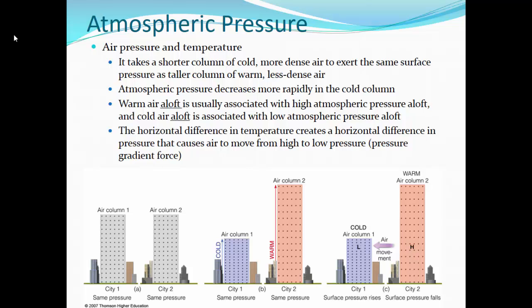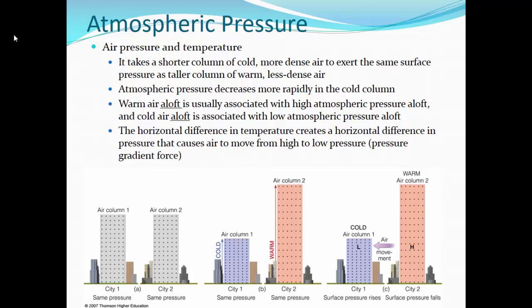So at the bottom, we see City 1 and City 2 at the same pressure. The surface pressure is the same, and also the air columns are about the same height. If we chill the air column over City 1 and warm the air column over City 2, the air column over City 1 contracts and the air column over City 2 expands, and something changes now with not only the surface pressure but the upper level pressure.